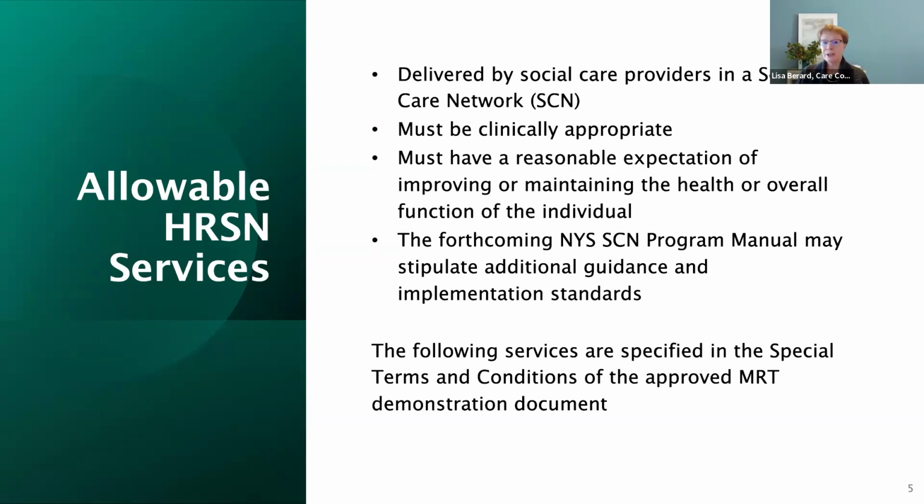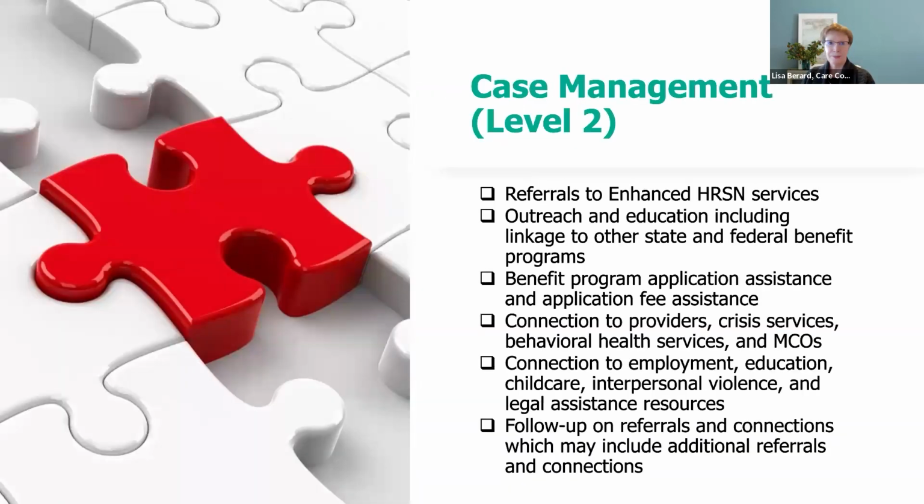We still have yet to receive the New York State Social Care Network Program Manual, and that may very well stipulate additional guidance and implementation standards to what we currently know today. We'll get into the services that have been specified as we know them currently, and these can be found in the MRT demonstration document if you're curious. Next slide.